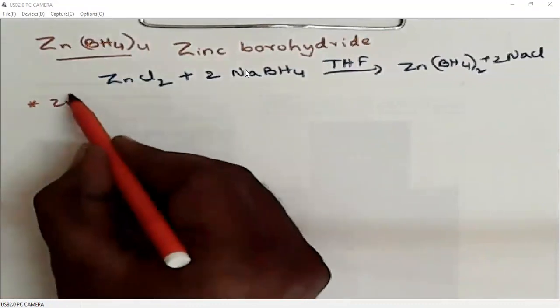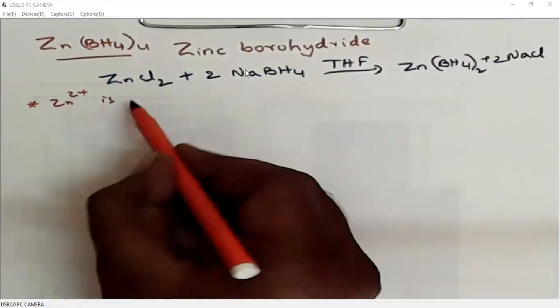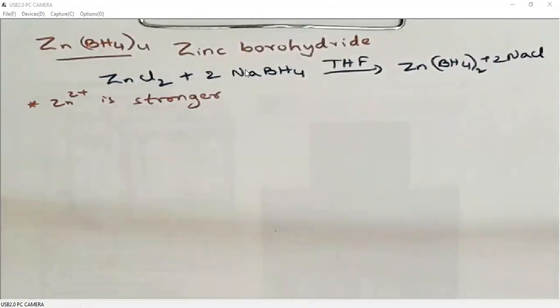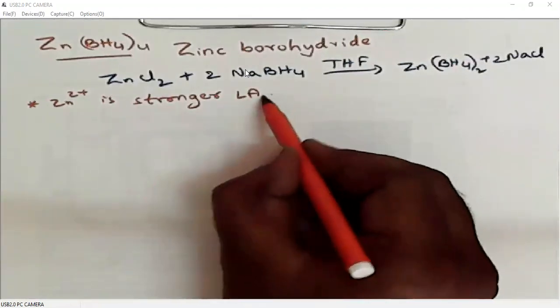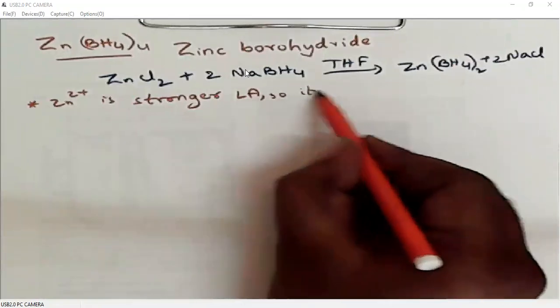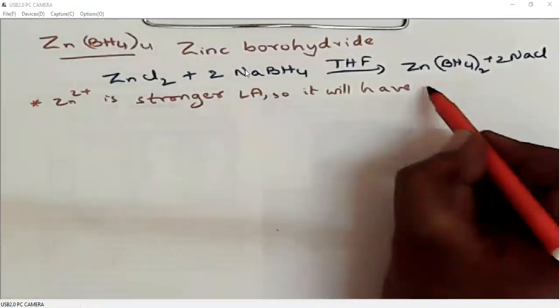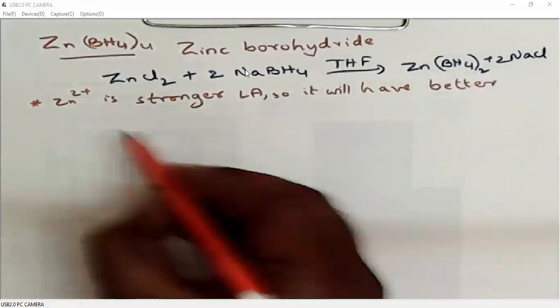Here zinc plus 2 is a stronger Lewis acid. So it will have better chelation or better coordination.